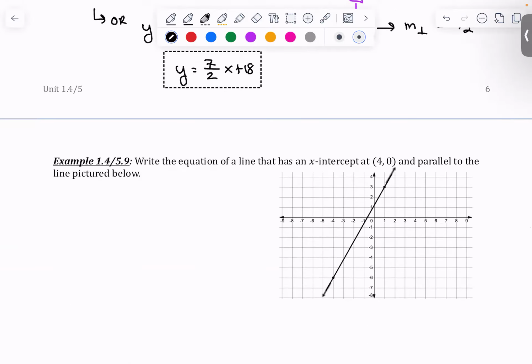Next one. I'd like you guys to work through this one. Find the equation of a line that has an x-intercept of (4, 0) and is parallel to the line below. Go ahead and try and work on it. I'll slowly fill in details. And people watching the recording, you should pause it and figure it out yourself.